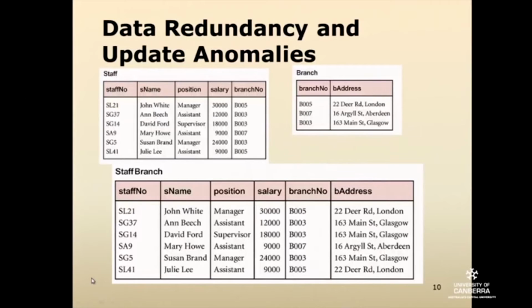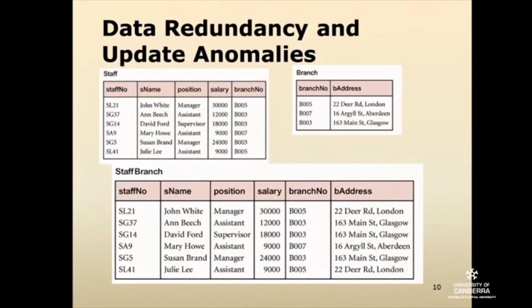for example. In the last example, if you go back to this example, if a branch address changes in the second design in the staff branch table, you have to update it twice because the same branch number appears twice in that table, B005. If we are going to close the branch B005, then in a design that you see on the top here, we have to just delete 1 row of a table in the table branch.